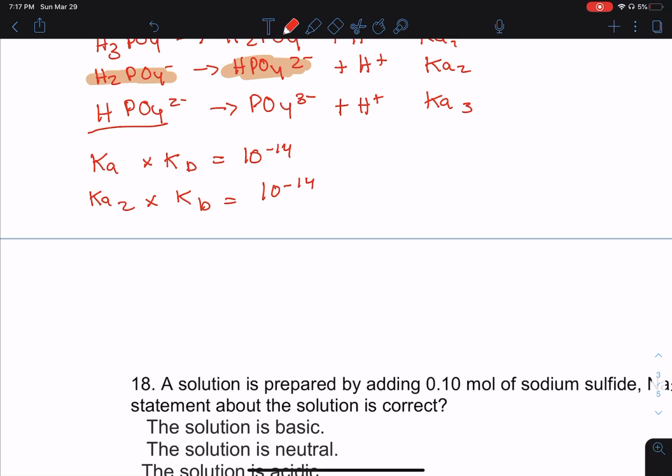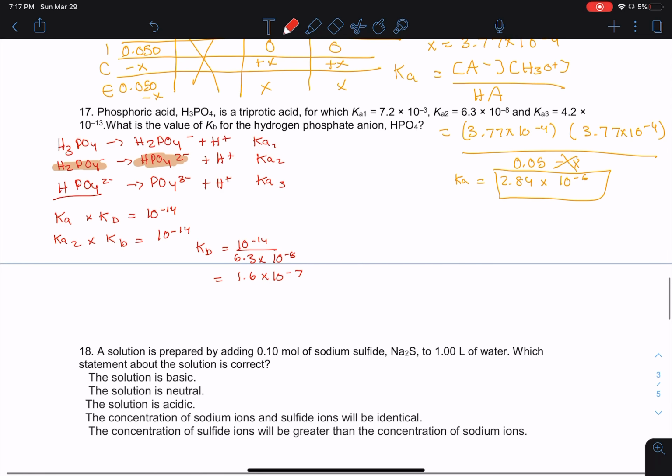That means Kb is 10 to the negative 14 over 6.3 times 10 to the negative 8. And that will give us 1.6 times 10 to the negative 7. Cool.